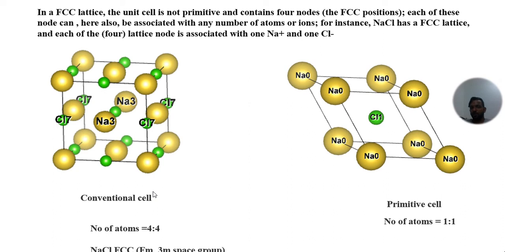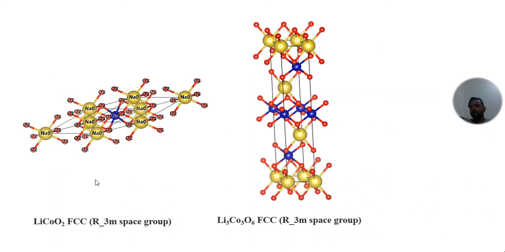So it is okay if your primitive cell ends up with more than one atom, and it is going to happen because you are dealing with systems which have more than one repeating atom. Now if you consider the next case, this is the lithium cobalt oxide structure.